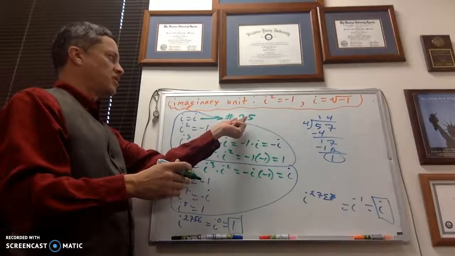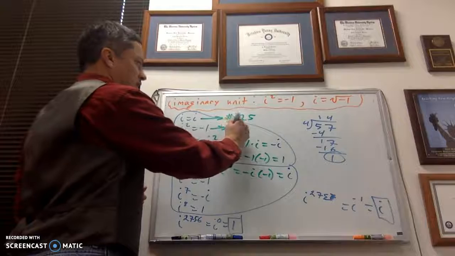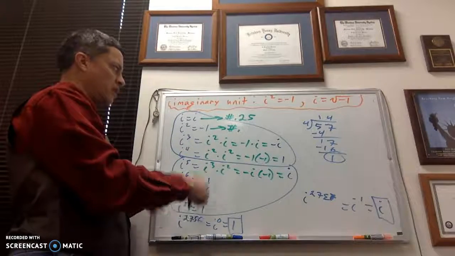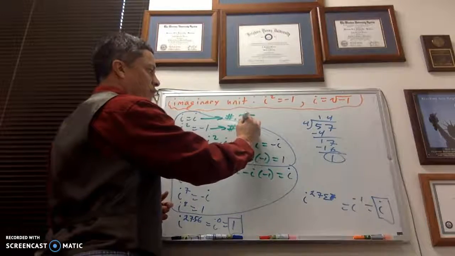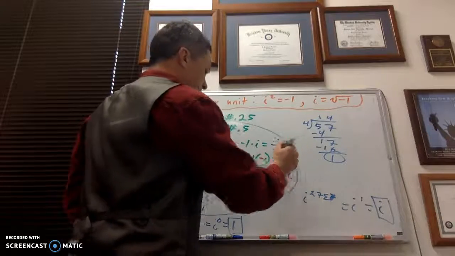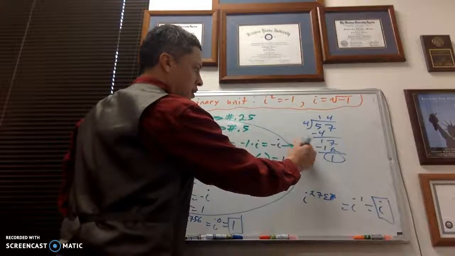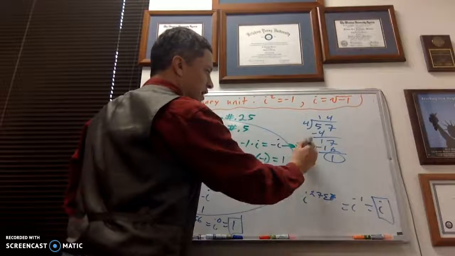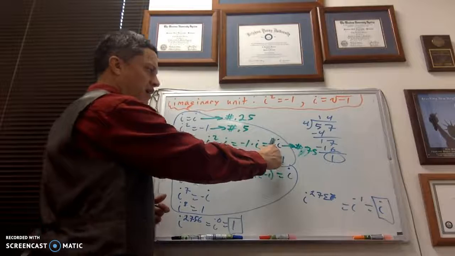If that's some number .25, that means you've got i. If you do the division of some big number by 4 and you come out with some number .5, then you're looking at negative 1. If you divide that by 4 and you come up with some number .75, then you're looking at negative i.